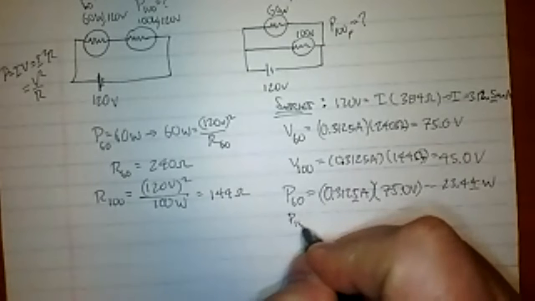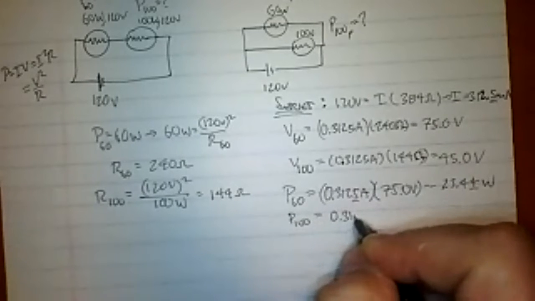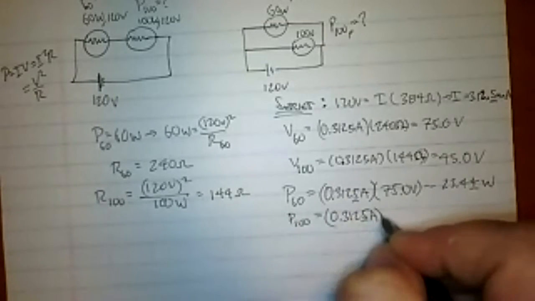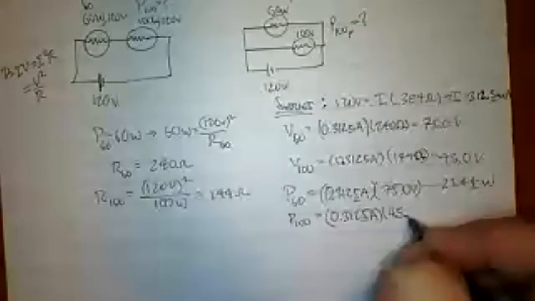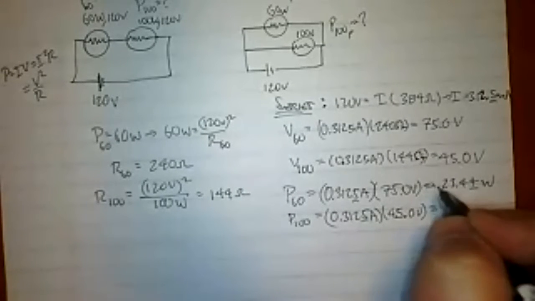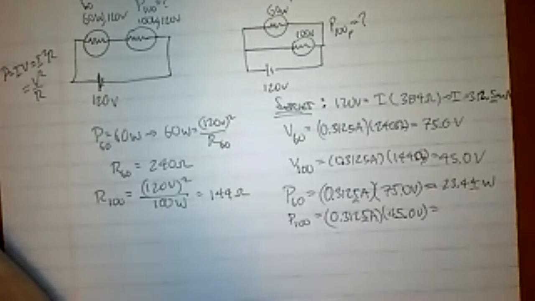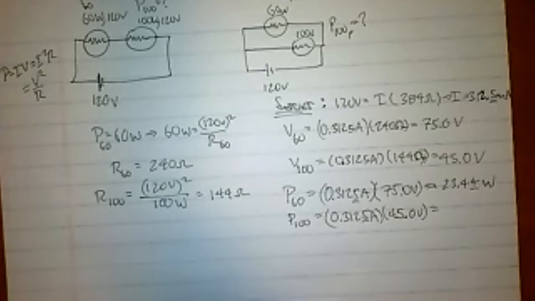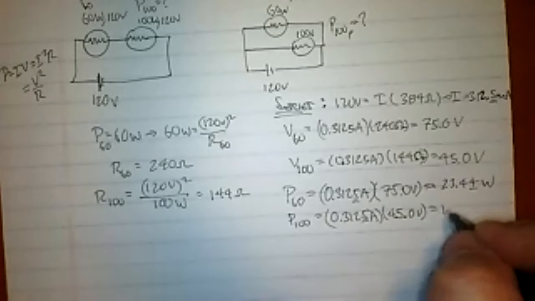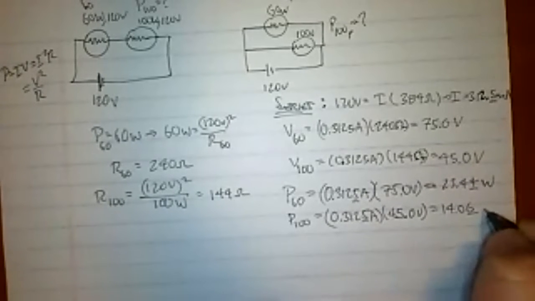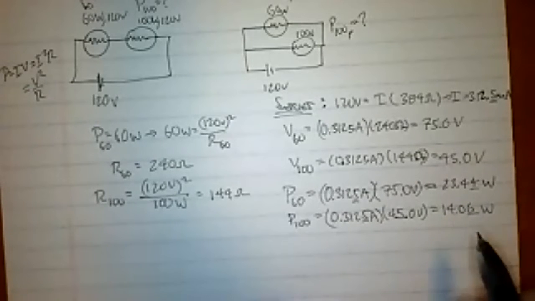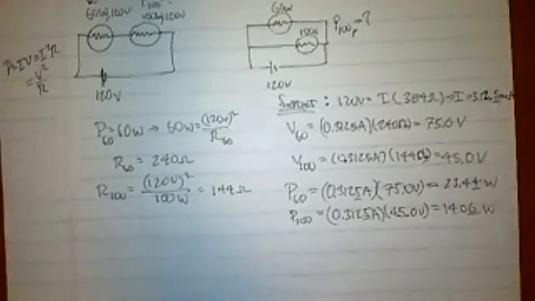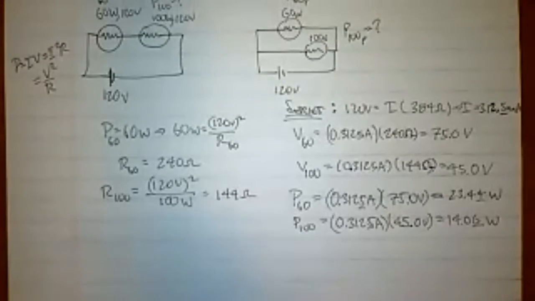And P100, 0.3125 amps times 45.0 volts is equal to 14.06 watts. So we're only getting about 37 watts out of those two light bulbs when they're in series.